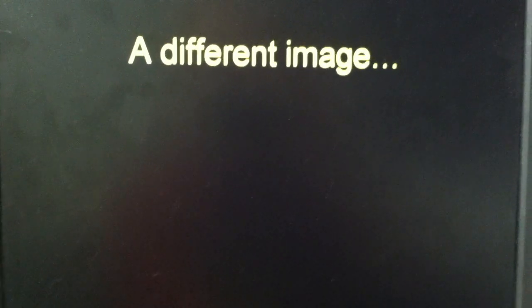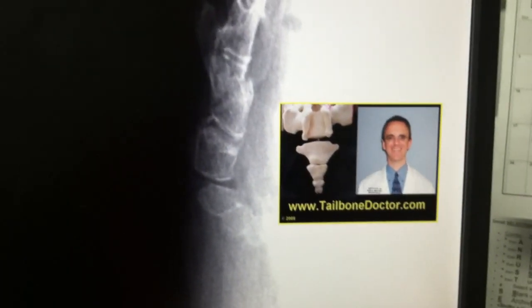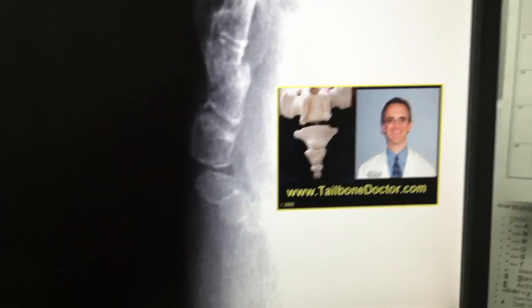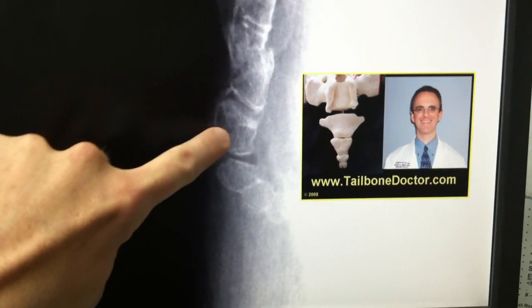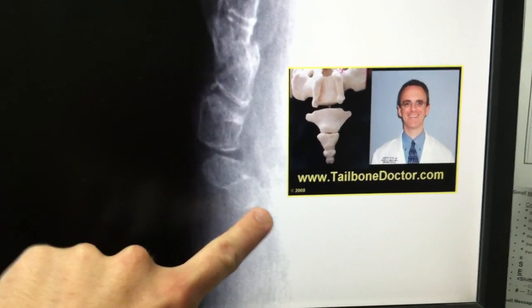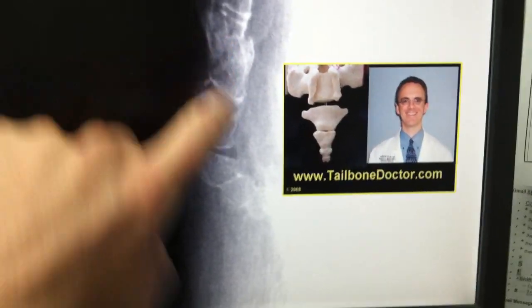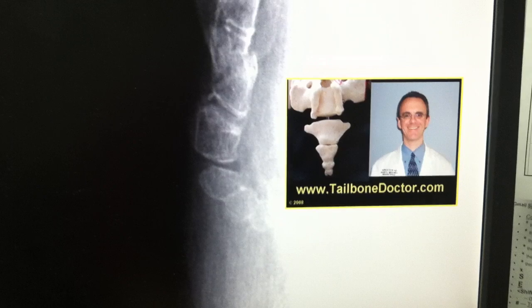All right, so we're going to go on to a couple of different images. And here, again, same patient, but a different X-ray. Again, we'll call your attention to that first bone of the coccyx. Here's bones 2, 3, 4, and 5. But that first bone of the coccyx, you can again see how irregular it is because of the fracture through that spot.